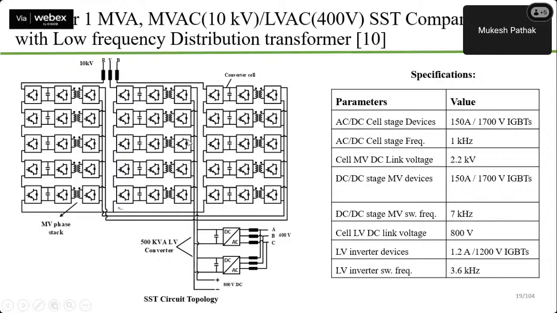So this DC link is formed by converters from each phase, and on the output side, the AC will again be formed by different converters. You can connect them in parallel also and series also. Here they are shown in parallel.